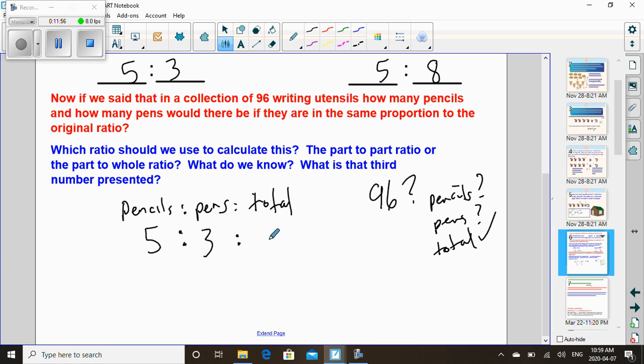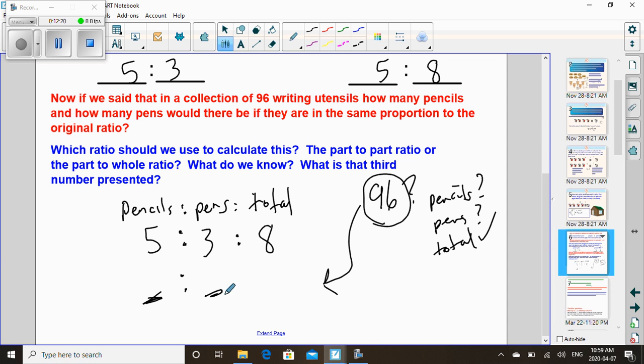Now total would be what? The 5 plus the 3. So this is a three-part ratio representing pencils to pens to total. Now 96 here, that needs to go in here somewhere. I got to compare this against one of these numbers, and it has to be compared against the number that it represents. It doesn't represent pencil, so I'm not going to put it over here.